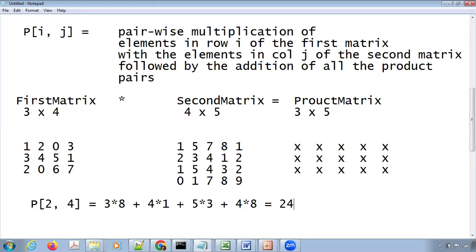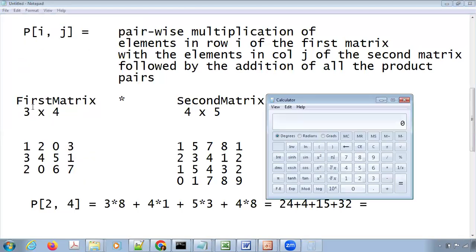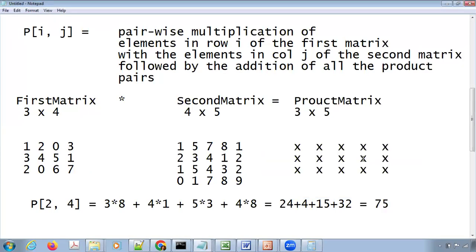So it will be like this: 24 plus 4 plus 15 plus 32. So in this case, it's 28 plus 15 plus 32. Let me just compute quickly. So 28 plus 47, that's 75. So that means this cell value is basically 75.